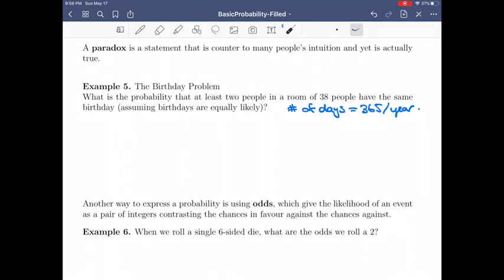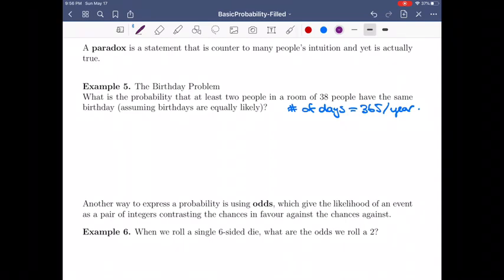In previous years in my classes, I've asked this, and I normally get guesses like 5%, so 0.05, or maybe 10%, so 0.1. The highest I think I've ever got is like 25%.